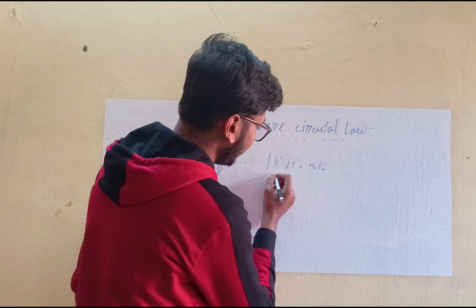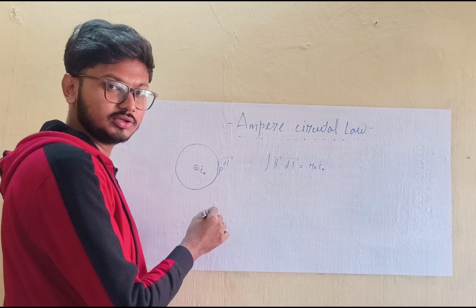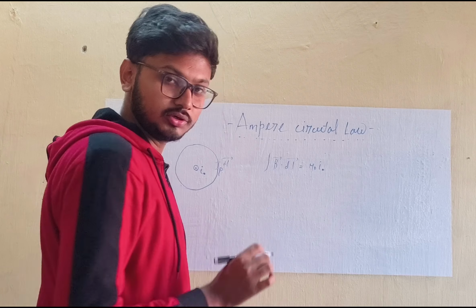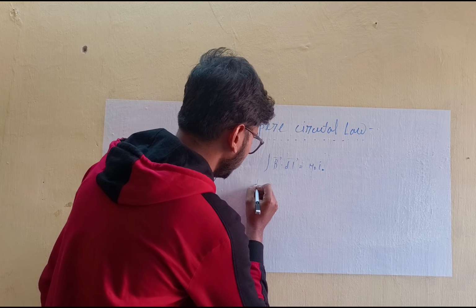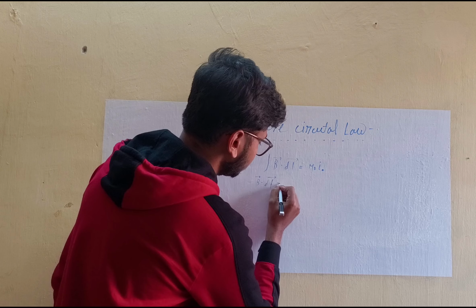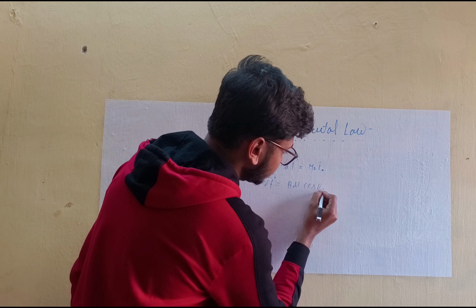Now we have to first calculate B dot dl. We know that due to the current, the magnetic field at P is tangential to the circular loop. So the angle between B and dl is 0 degrees. So B dot dl is equal to B dl cos theta.